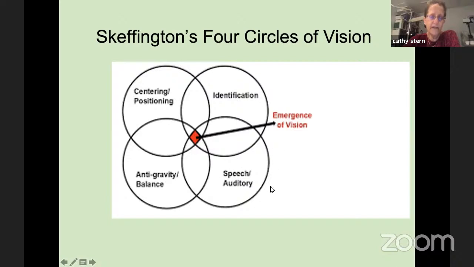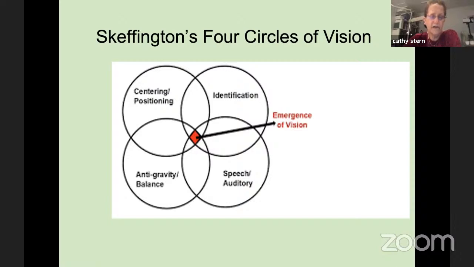I find the speech auditory piece probably the hardest in some ways to understand. But one of the things that helped me appreciate it is that I often do a copy form test, where I show a child various pictures, maybe a circle, a square, a triangle, and a few others, and I ask them to draw it on a piece of paper. What I'm looking for is their ability to draw it, and how they organize it on the page.